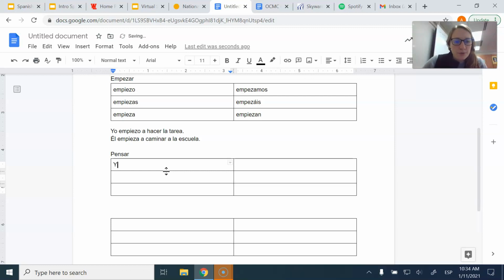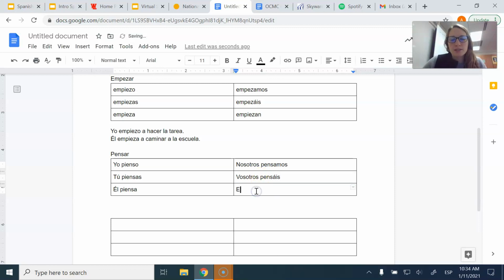So this would be yo pienso, tú piensas, él, ella, usted piensa, nosotros pensamos, out of the boot, so we're not changing the E to an IE. Vosotros is out of the boot. Vosotros penséis.